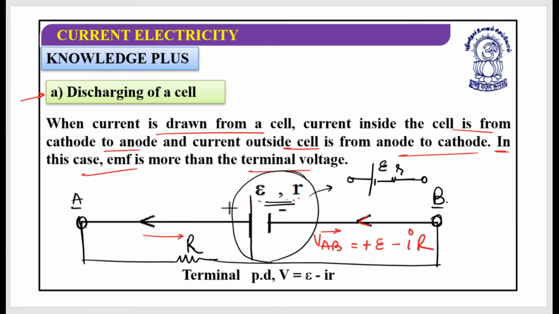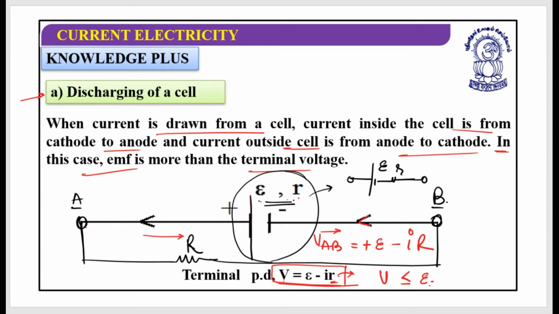It's minus I into R. So this terminal potential difference arises, which is V equals E minus IR. And in this case, terminal voltage is always less than or equal to E. When would it be equal to E?